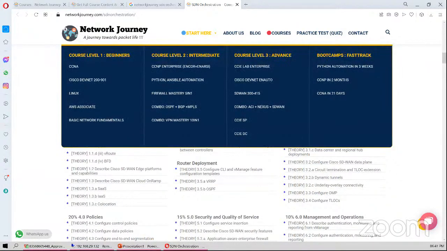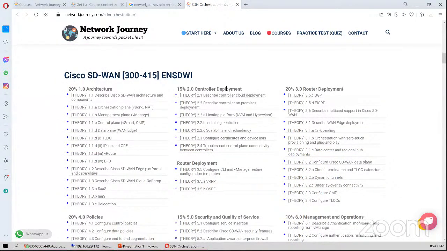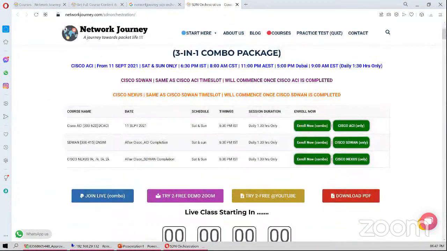So guys, I'll just brief you on the advantages of this batch. This is a 3-in-1 combo package, and each module offers you 300 hours of lab.